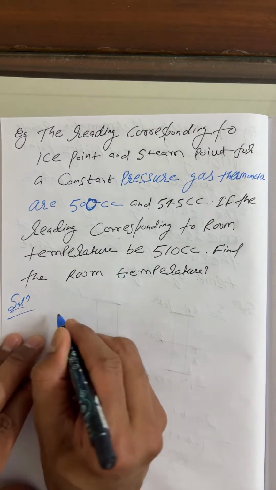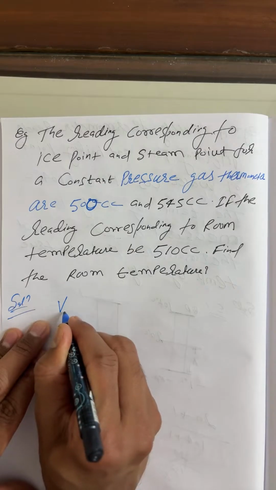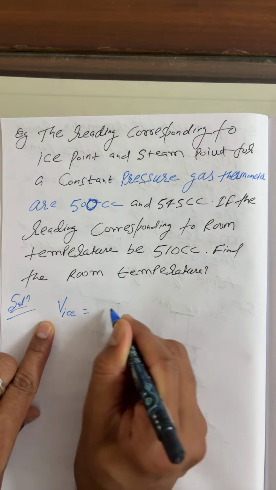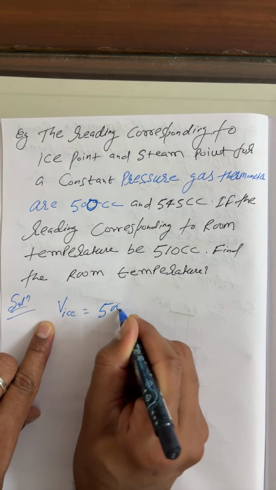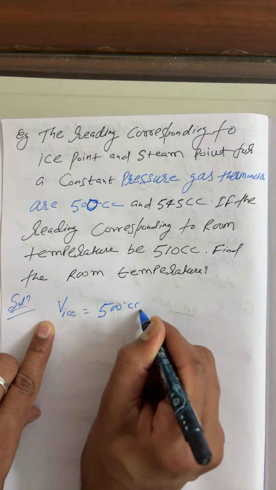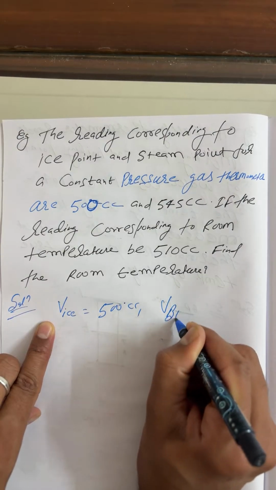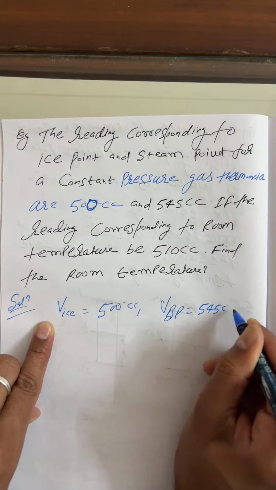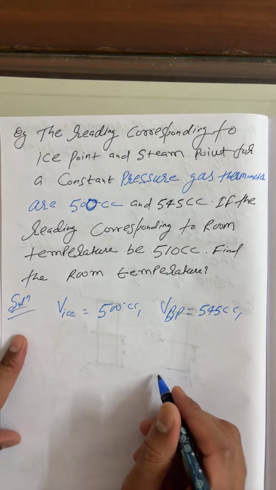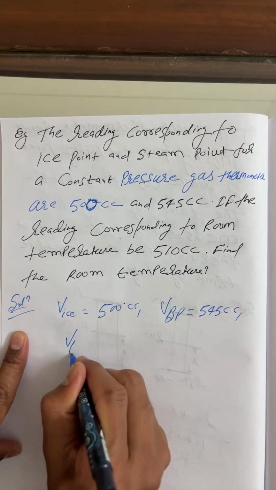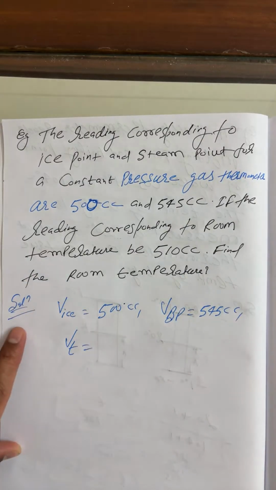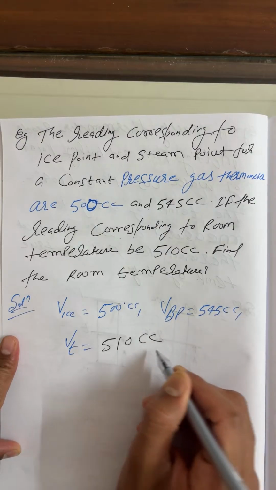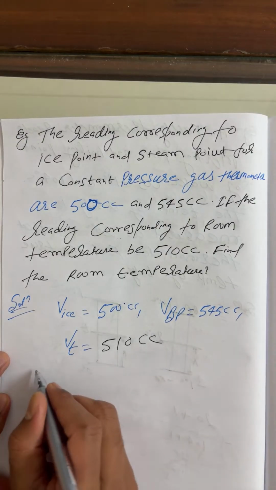I hope you remember. Ice point is 500 cc, boiling point 545 cc. The reading mentioned is 510 cc. We have to find the temperature here.